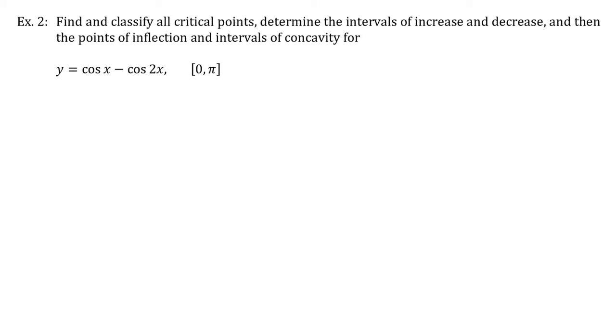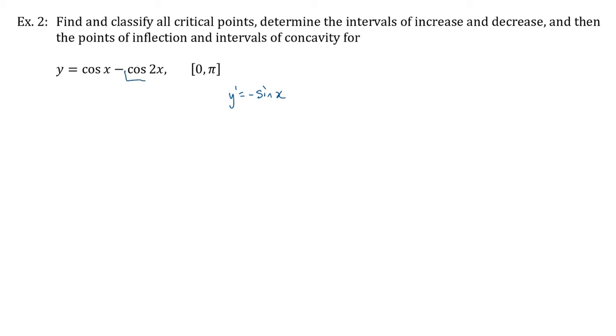So what I am going to do is start with the derivatives. So y prime, derivative of cos is negative sine. And that's done because it was just cos x, so that's negative sine x. Now derivative of negative cos 2x, so there's no exponent, so I'm doing the trig part.